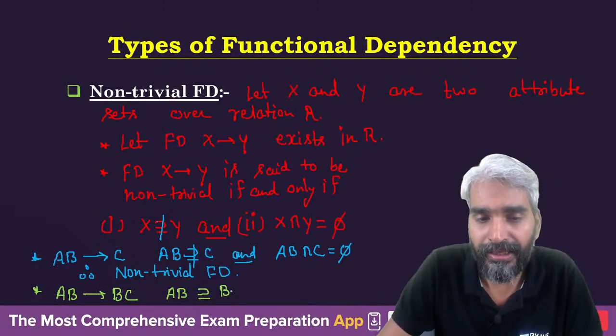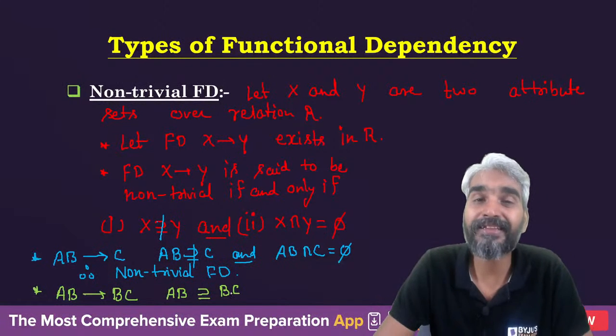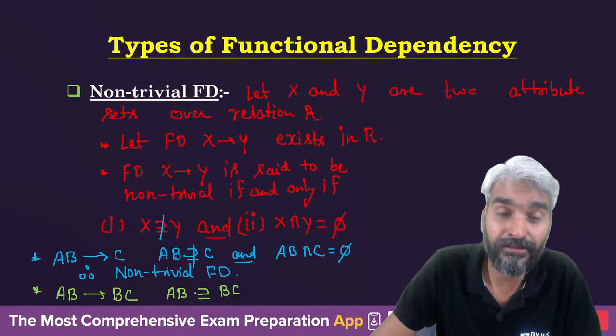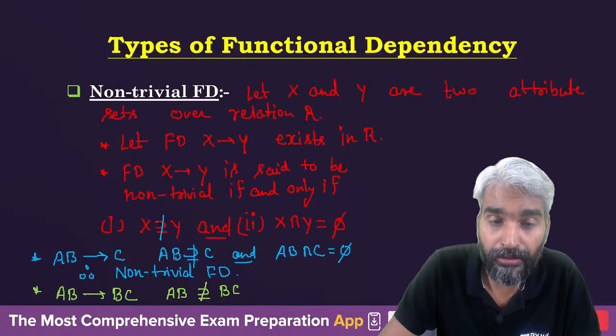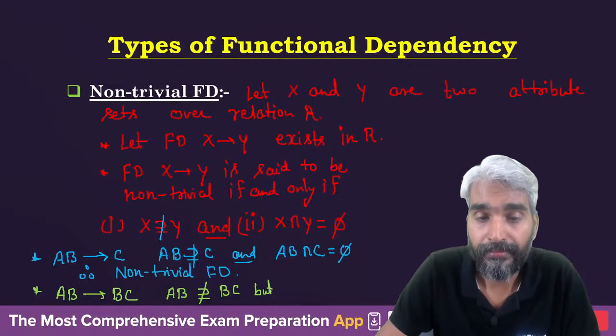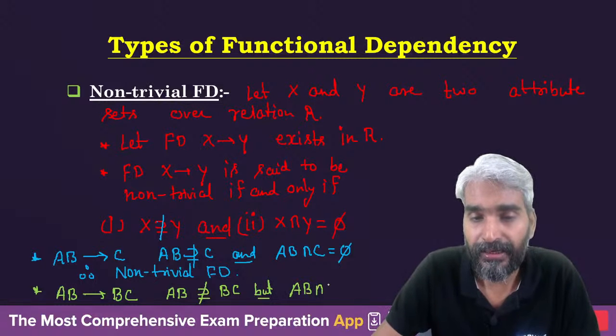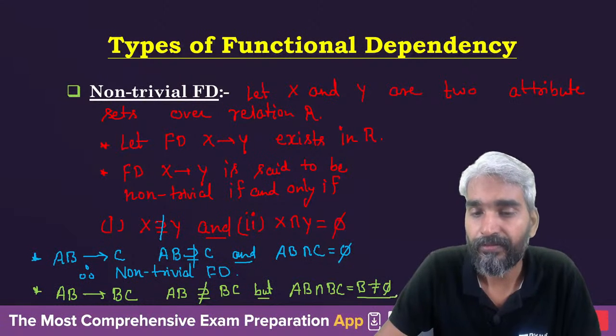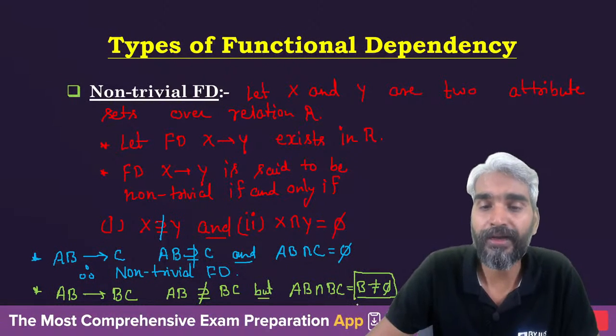Do all the attributes of B and C be present in the LHS? No, sir. So AB is not the superset of BC, so the first condition is true. But what is AB intersection BC? AB intersection BC is equal to B, which is not equal to phi.